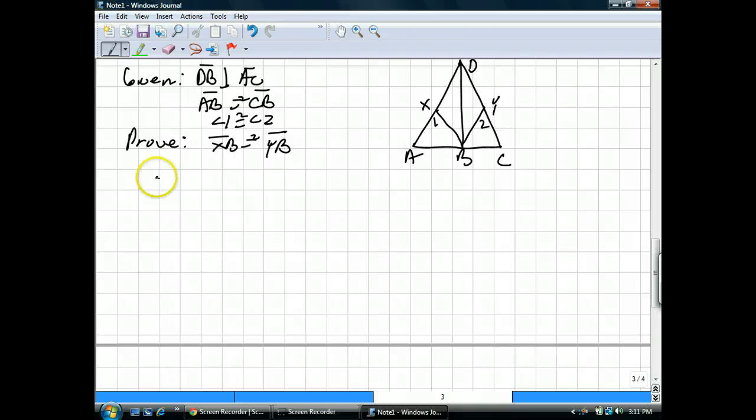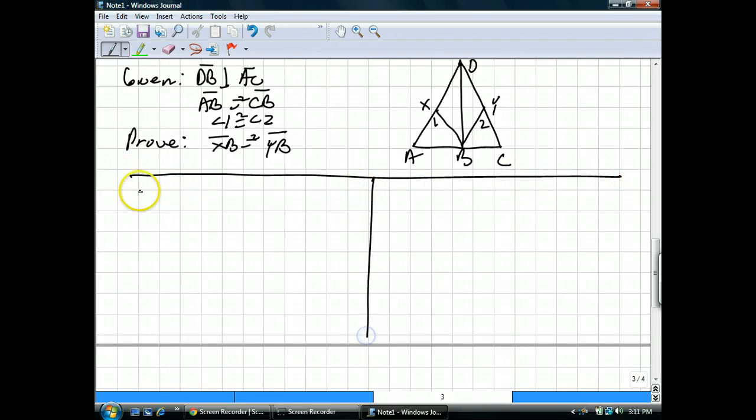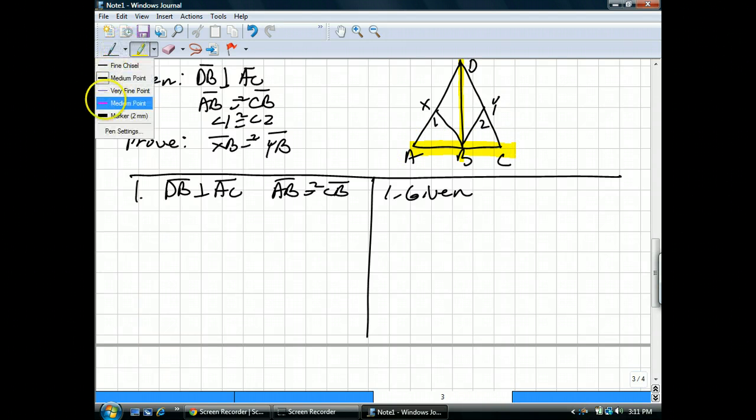Step number 1, I'm going to use the first part of my given. Okay, so that's telling me that this is perpendicular to this, and I know that AB is congruent to CB.